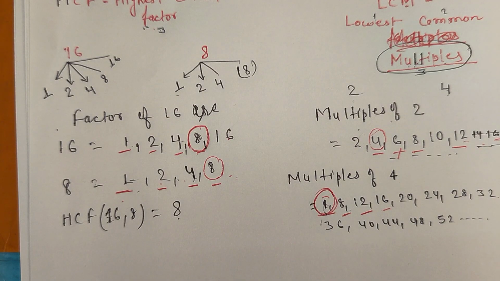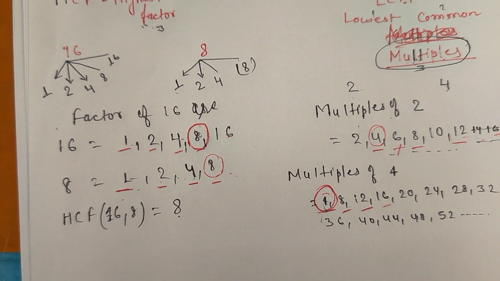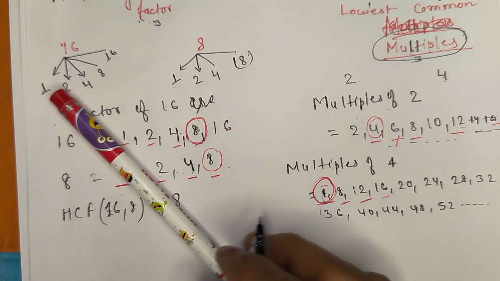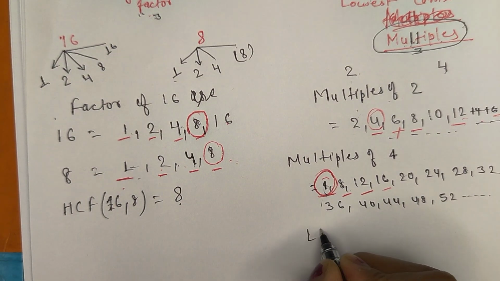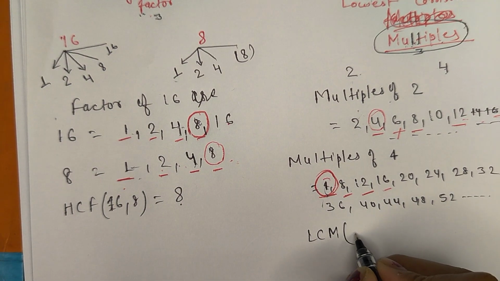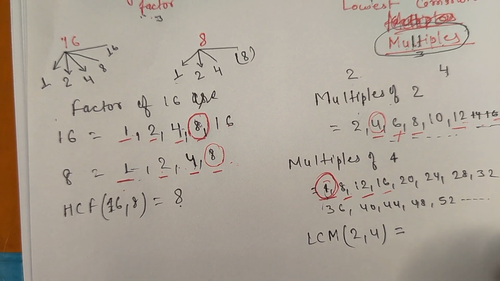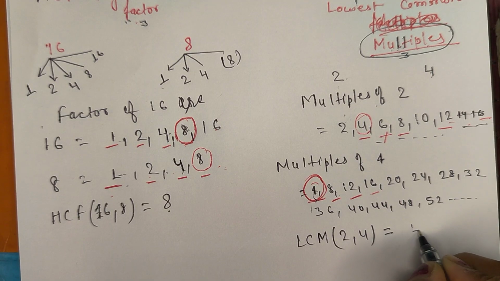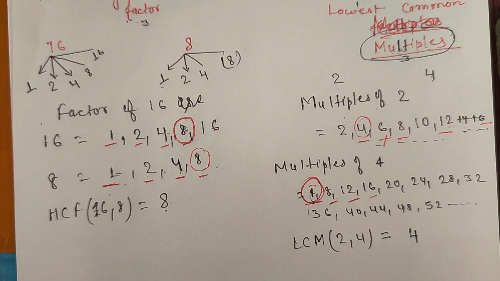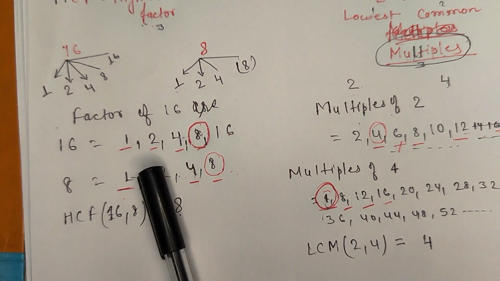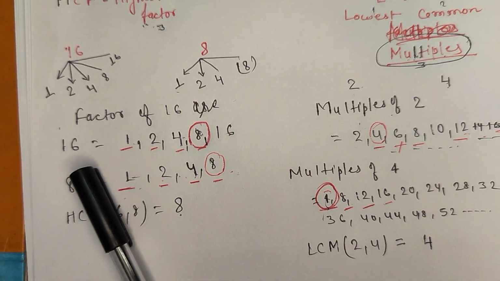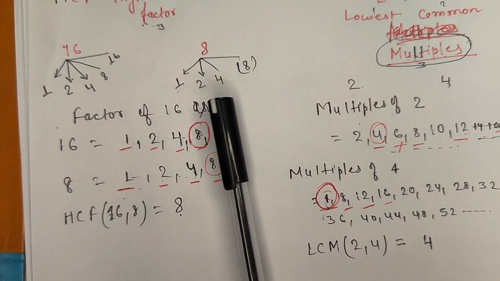Okay, so we can see LCM of 2 and 4 is equal to 4. We can find this for any two numbers given.